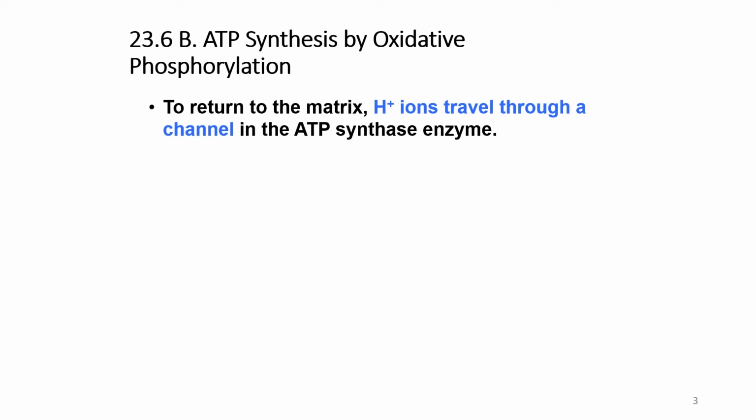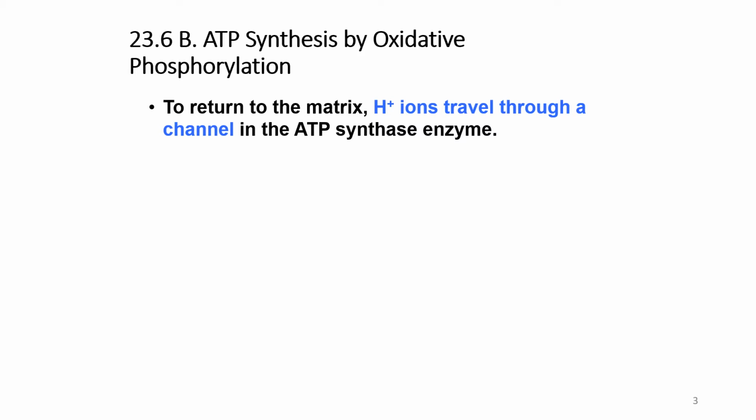So those hydrogen ions in the inner membrane space have traveled from the matrix either by going through a channel or being dropped off or transferred to one of the four complexes in the electron transport chain.